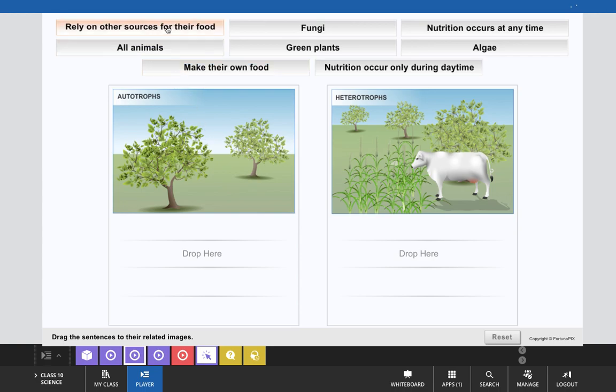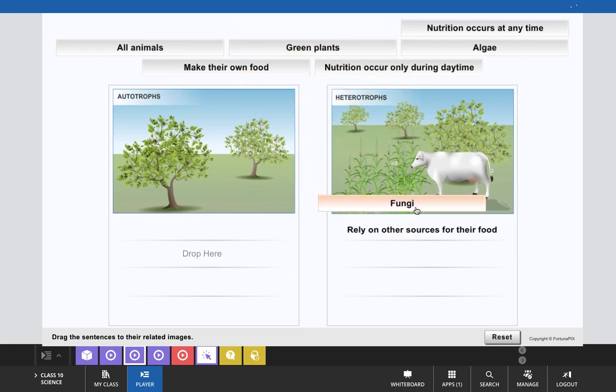Rely on other sources for their food should be correct for heterotrophs. That's why it will fit here. Excellent. Fungi we can group here. Are they heterotrophs or autotrophs? They are heterotrophs. That's why we will drag them here. Excellent.